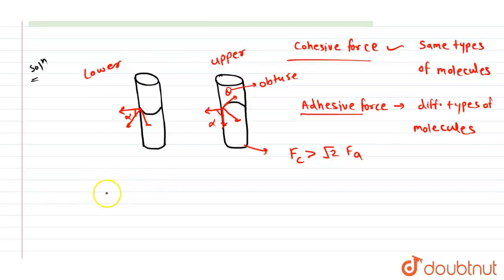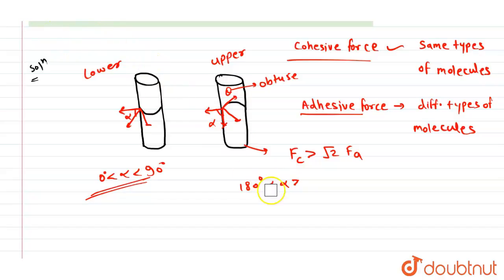For the lower meniscus, alpha should be between 0 and 90 degrees. This condition should be satisfied. And for the upper meniscus, alpha should lie between 90 and 180 degrees.